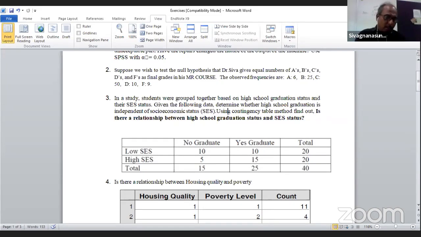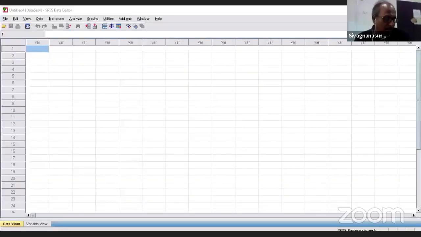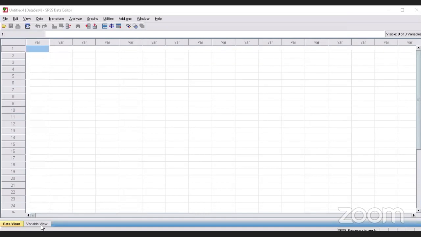Low, high, no, yes: 10, 10, 5, 15. So now I'm moving to SPSS. Please tell me if the screen is not visible. No, sir, not visible. I'm going to share the SPSS screen. Yes, so you're seeing an empty screen now? Yes, sir, now it's visible.